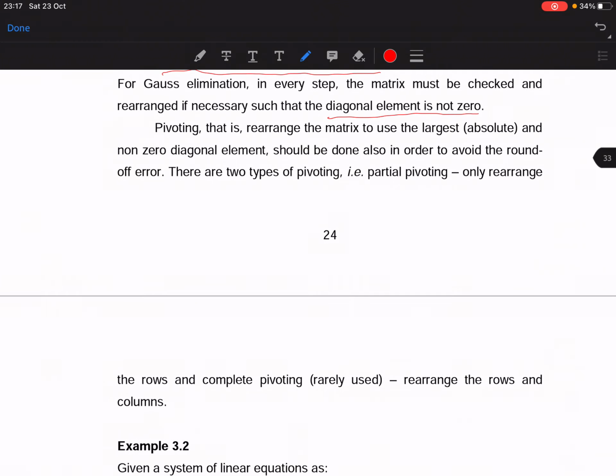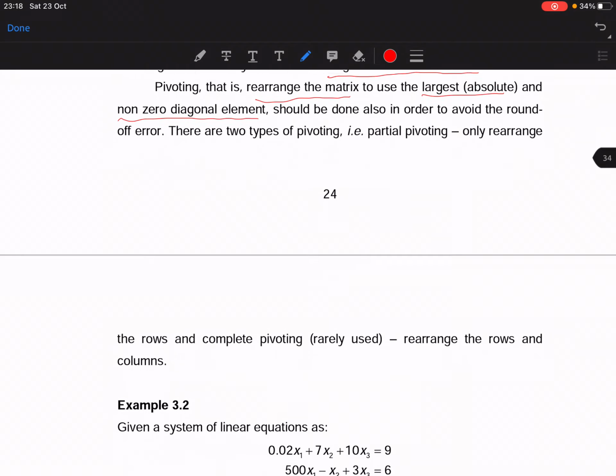So for this method, Gauss elimination with partial pivoting, we're going to rearrange the matrix so that the largest absolute, non-zero element is in the diagonal position.